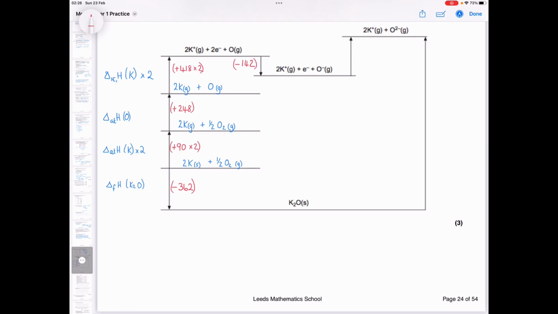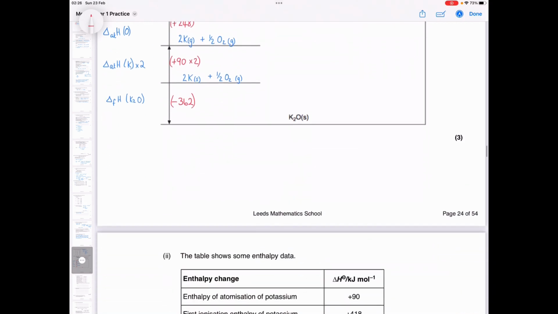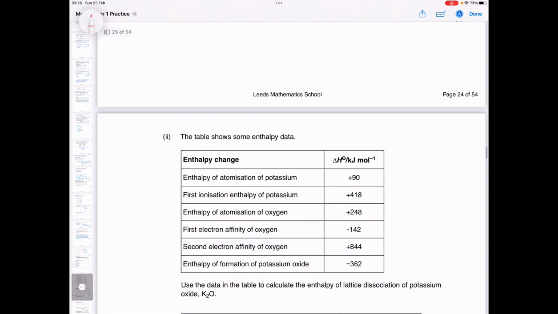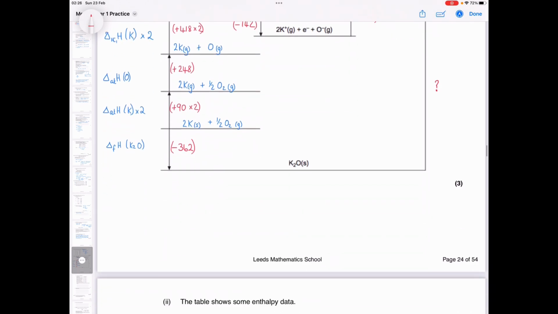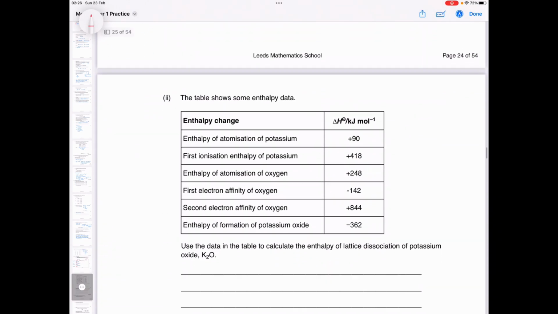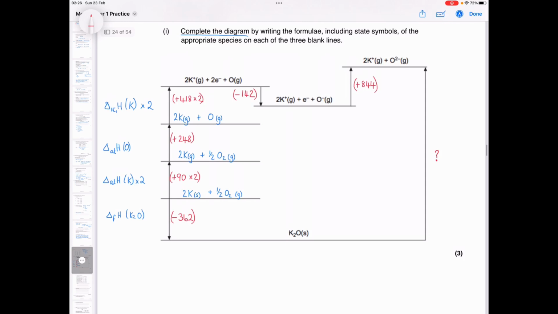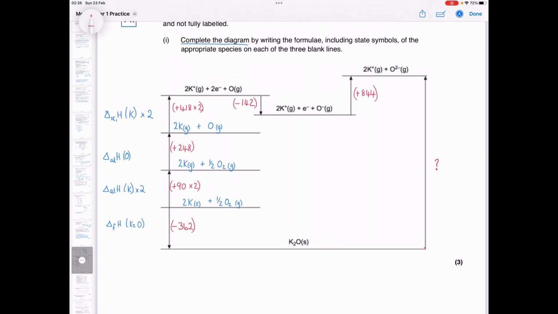And then we've got the second electron affinity for oxygen, which is plus 844. And we're going to use all of these to calculate the missing one, which is this one here, the enthalpy of lattice dissociation.